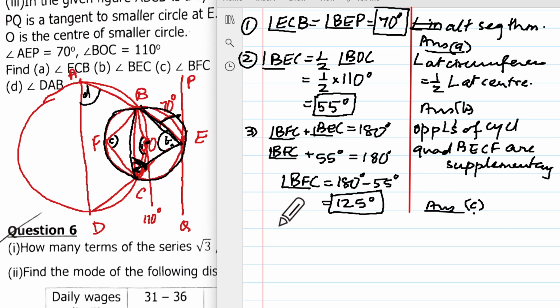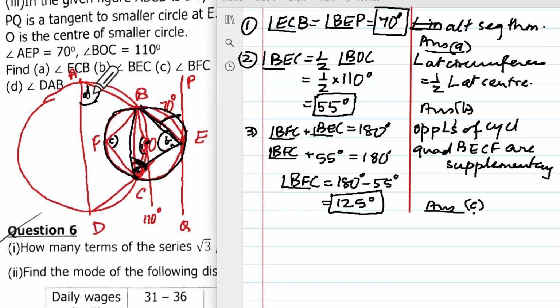Okay. Now let us come to this one. Can you see this angle? This is a cyclic chord. Can you see this cyclic chord?